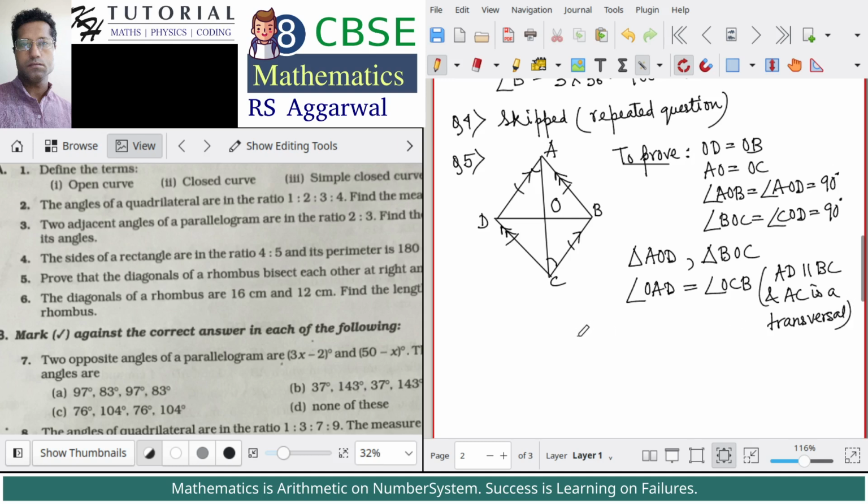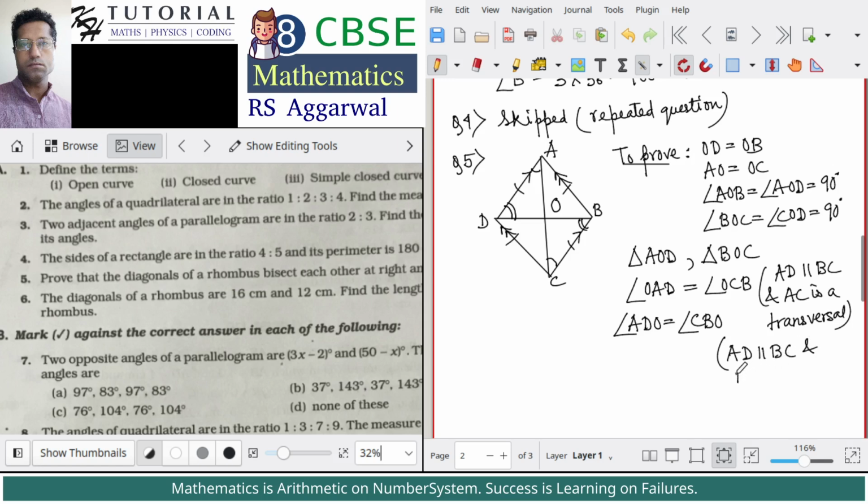Okay, what else do we have? We will have another pair of alternate angles equal. We will have angle ADO equal to angle CBO, because for the same reason AD is parallel to BC, but this time the transversal is different.